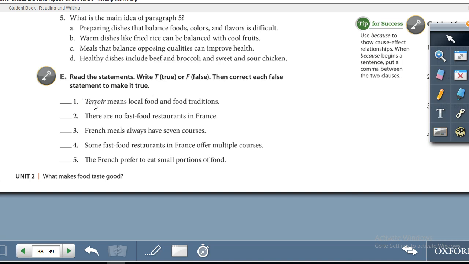If you feel number 1 is false, right, you will write F next to number 1, right? That is the first thing that you will do. Write T for true or F for false next to the answer. The next part of the instruction says, then correct each false statement to make it true. So say for example, I chose number 1 to be false, right? I will then write the correct answer next to it, right? That is how I will do exercise E.